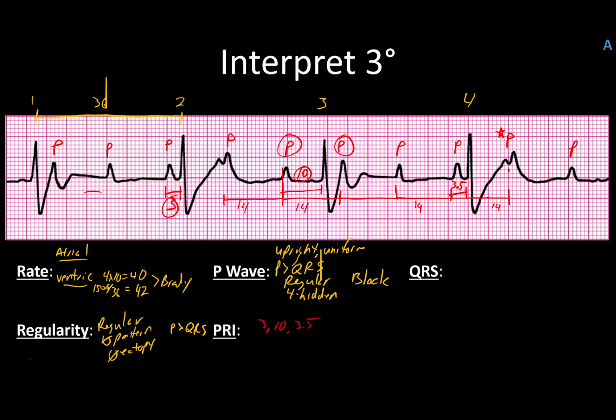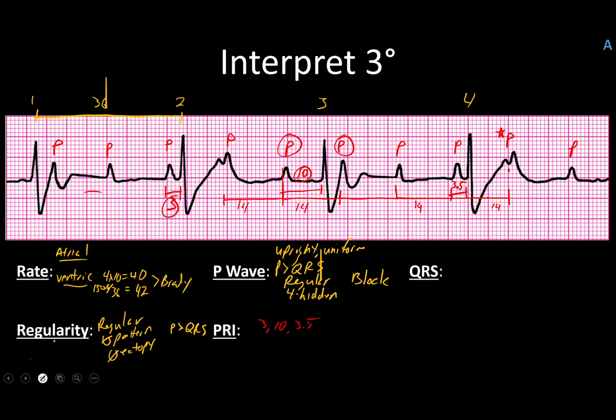In fact, I would almost say that this was a 2-to-1 if it wasn't for the fact that those P waves are being hidden in an irregular fashion underneath those QRSs, or underneath those T waves.